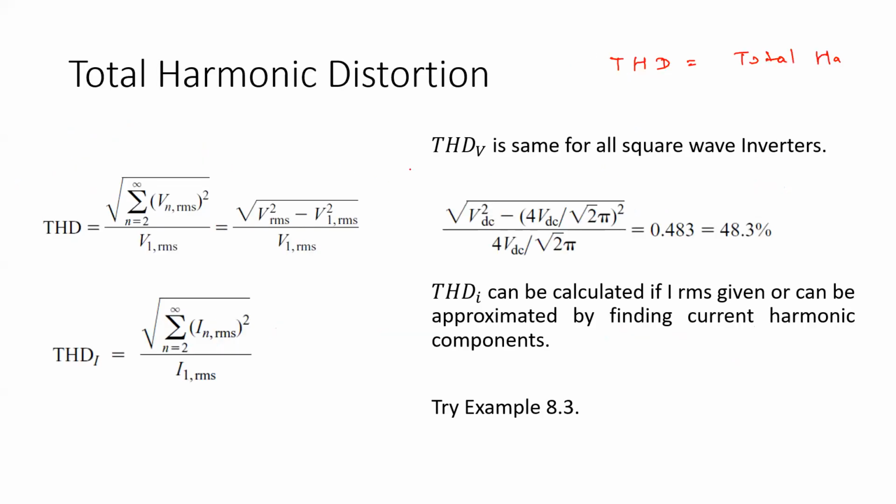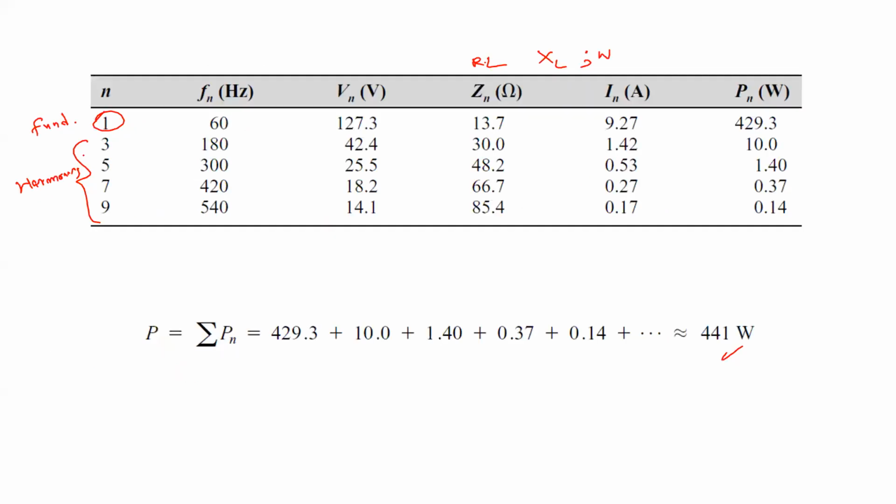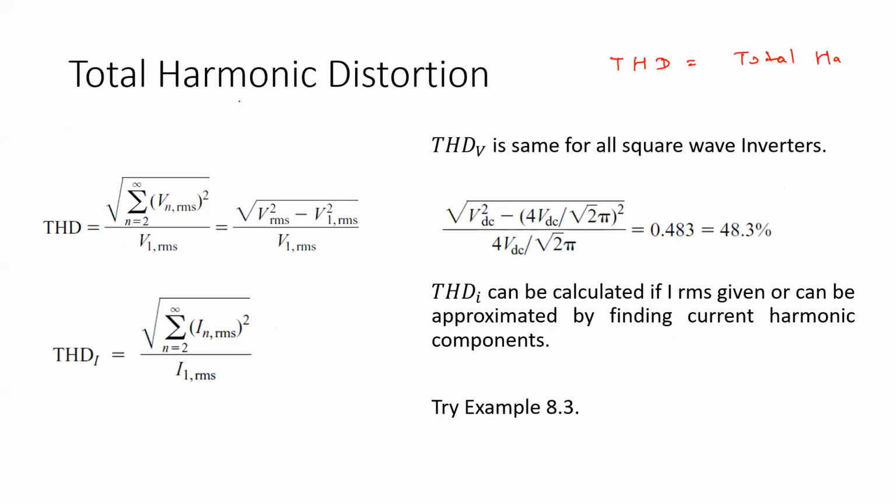So harmonic content means these ones, and there will be more. When you are going higher and higher, see, current is getting lower and lower. So we can ignore after some level. Just for this example, we can only count these four. Okay. So THD is the total harmonic content over the fundamental.